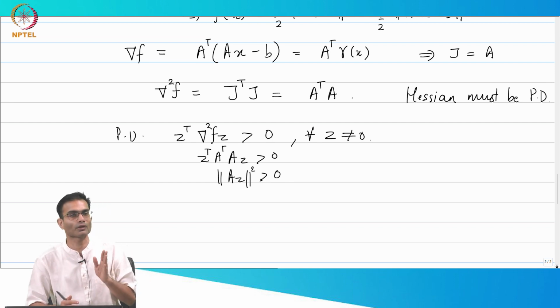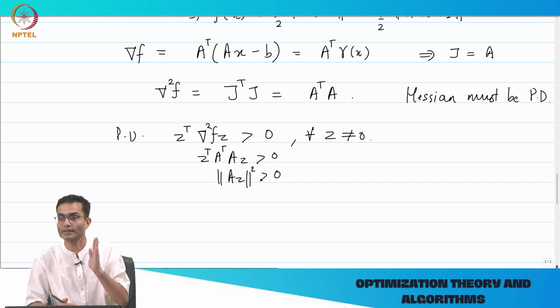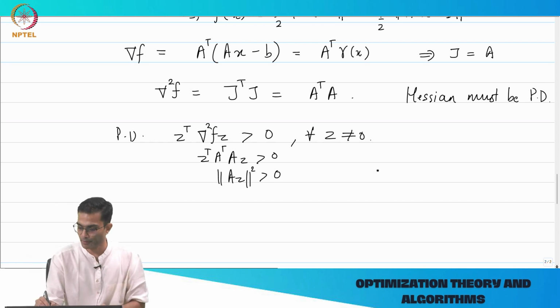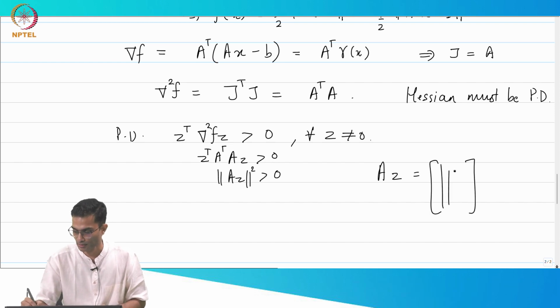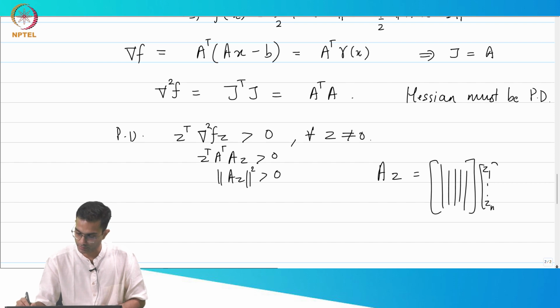On the other hand, if the columns of A are linearly independent, right? So remember, when I say this, I'm looking at these as the columns, and I have a Z1 up to Zn over here.